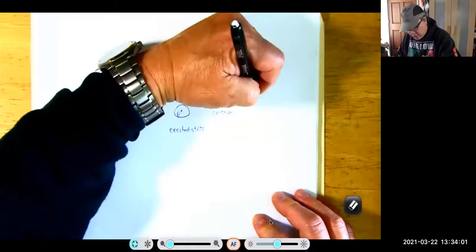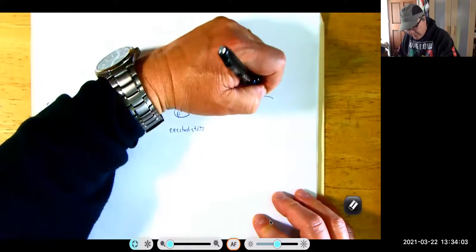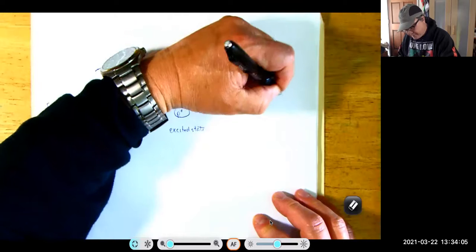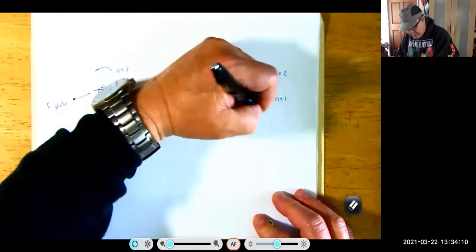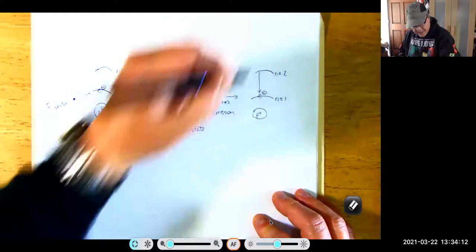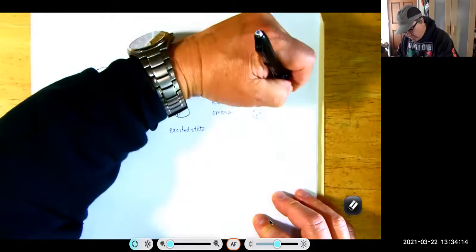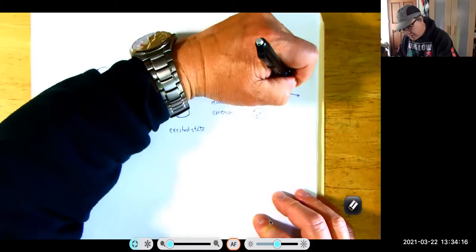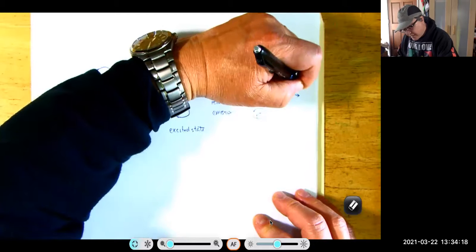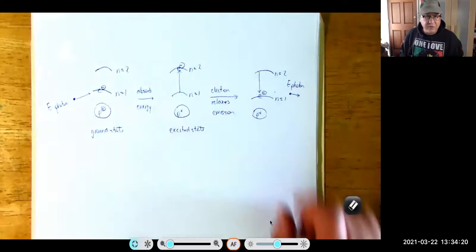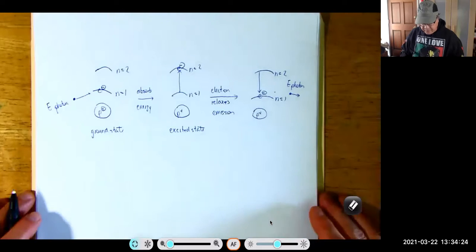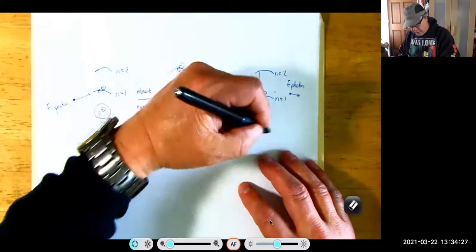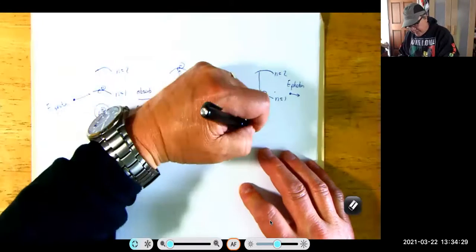So the electron goes back down into the first state, and energy is emitted, and that energy emitted is going to be a photon. And that photon will be the same energy as the one absorbed. Okay, so here we have the ground state again.